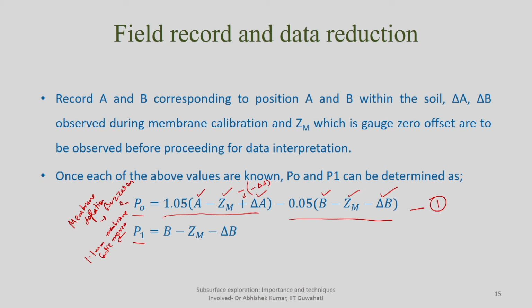Again the buzzer sound was on because the steel cylinder came in contact with a disc, and then on the other side with the membrane. So you get the value of P naught, you get the value of P1. That correction has to be applied, otherwise whatever value you are measuring will overestimate your actual pressure values.